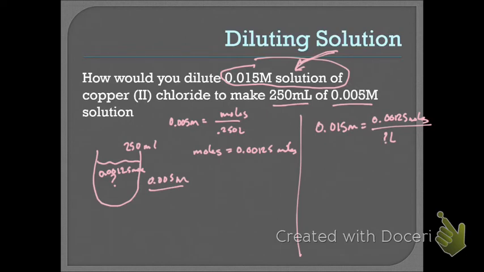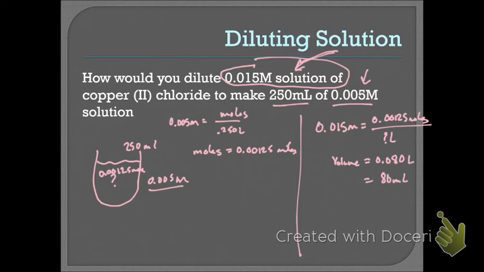So we take 0.00125 and divide that by 0.015, and we get a volume of 0.083. Actually, this is only 1 sig fig, so 0.08 liters, which is also equal to 80 milliliters.